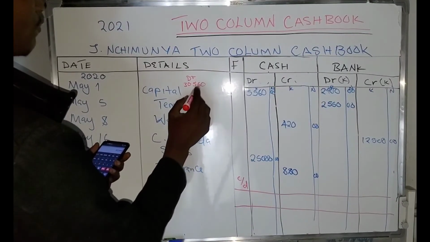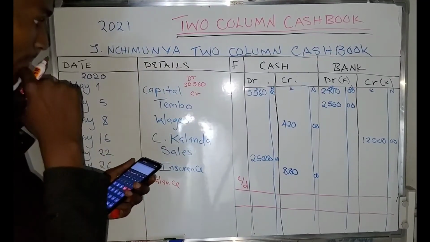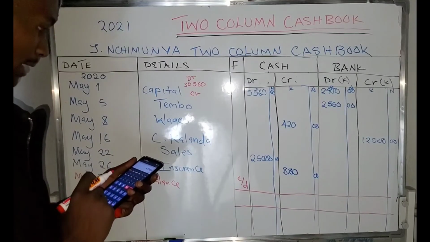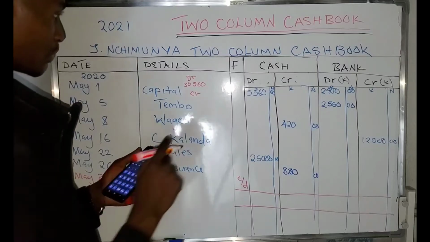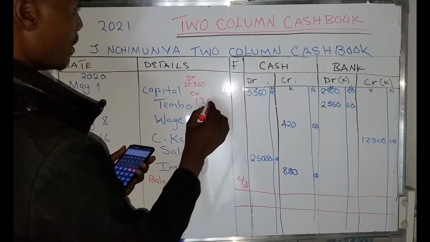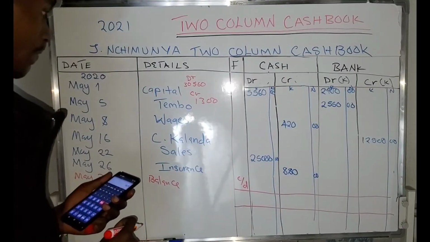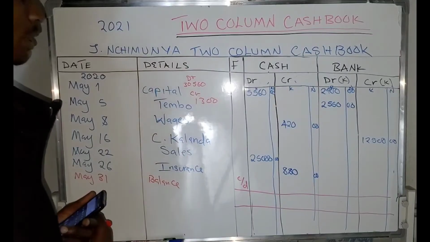What is there on the credit side? On the credit side, we have 420 plus 880. You only have two transactions there as well, so it's giving me 1,300.